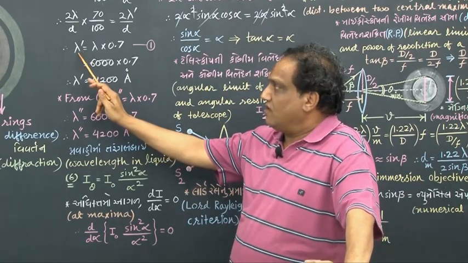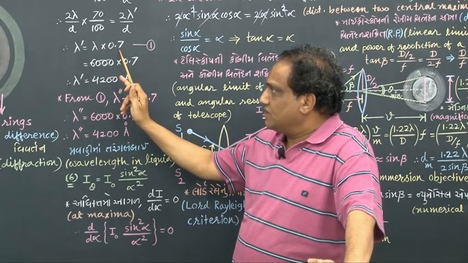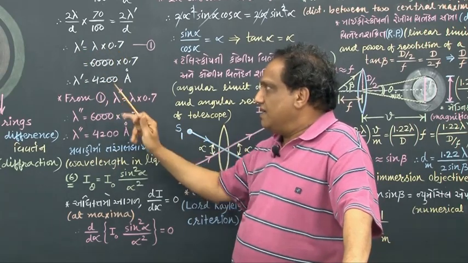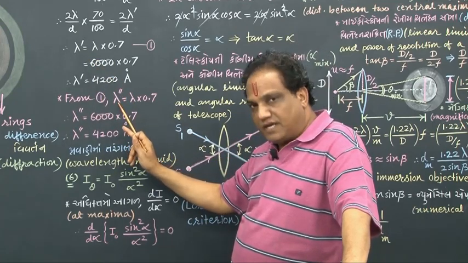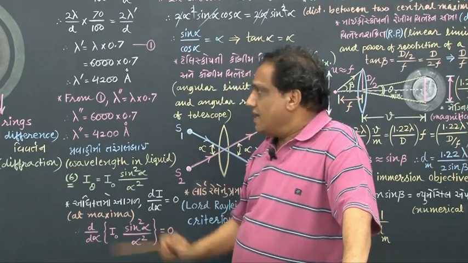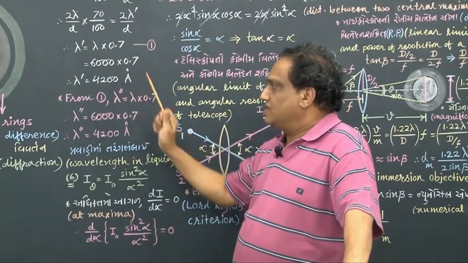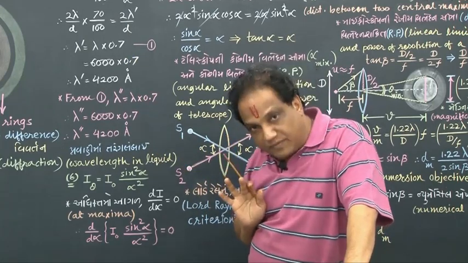Look, what was the formula here for wavelength? Lambda dash we got as lambda into 0.7, correct? And here instead of lambda dash, I am putting lambda double dash. You know what lambda double dash is? It is the wavelength of light in that unknown liquid. And here also why is it lambda into 0.7? Because here also the angular width decreases by 30%.